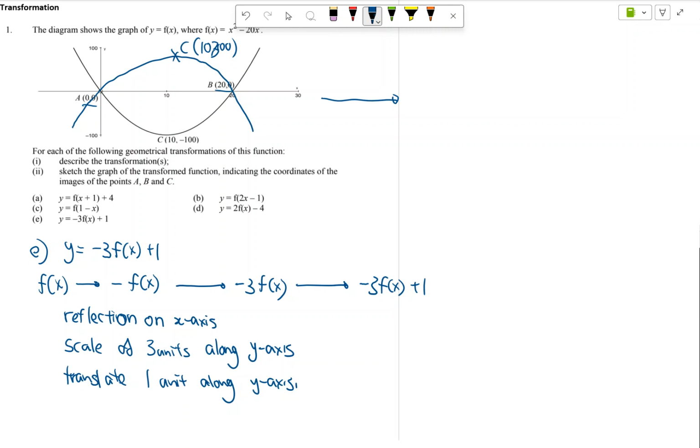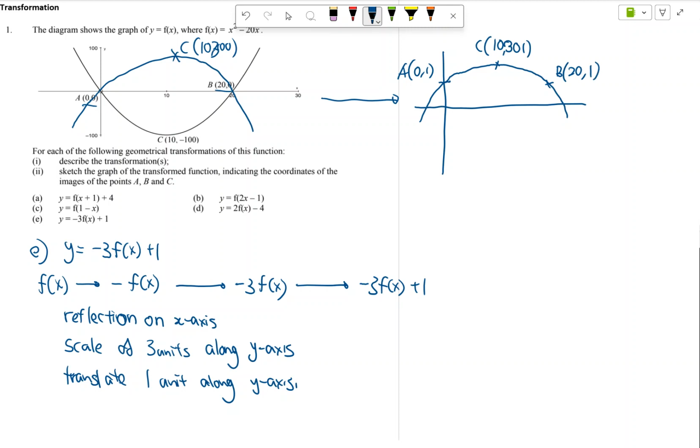And then you are translating 1 unit along the y-axis, meaning the whole graph is going to move up by 1 unit. You can draw the graph first, and then you have to know where your a is. So this is a, (0, 1). This is c, which is (110, 301), and this is b over here, which is (20, 1).